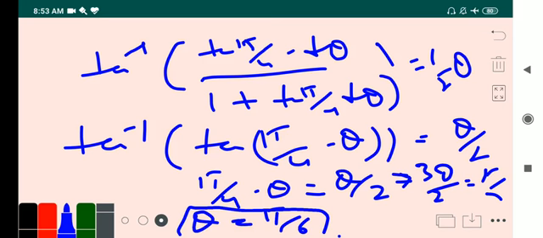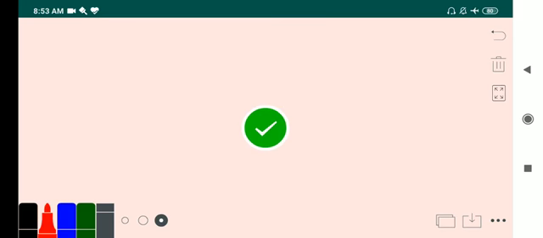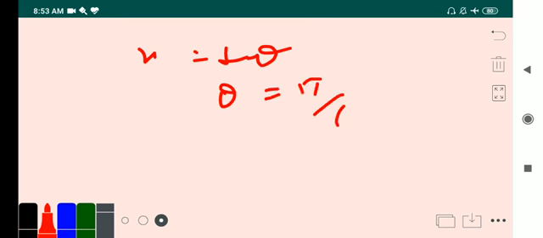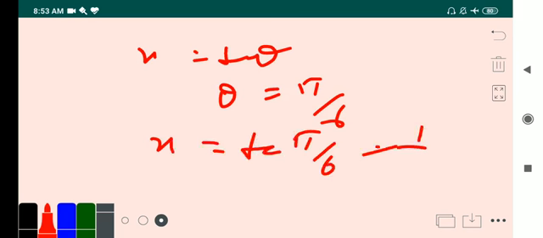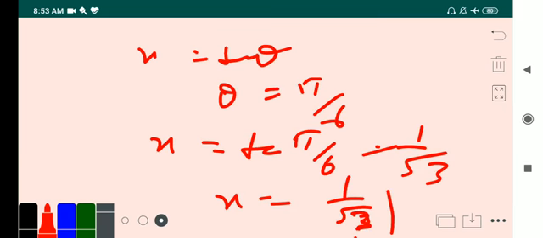Now what is the value of x? Since x equal to tan theta and theta equal to pi by 6, we have x equal to tan pi by 6, and that is equal to 1 by root 3. So this equation has the solution x equal to 1 by root 3.